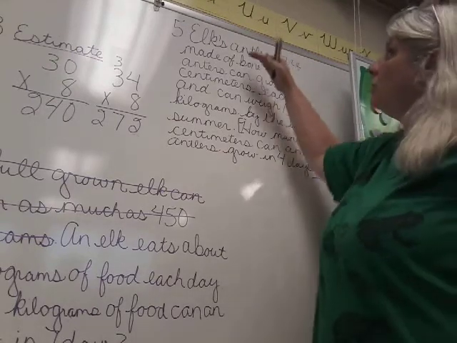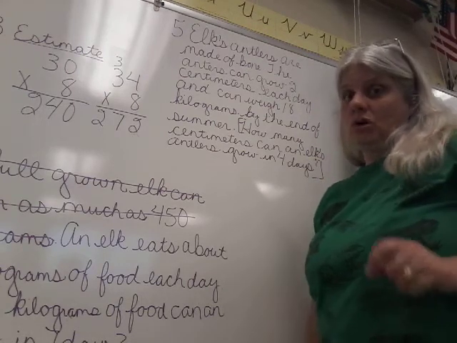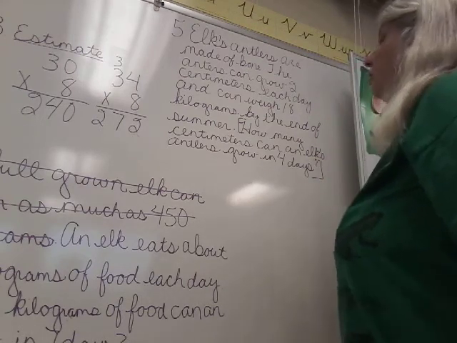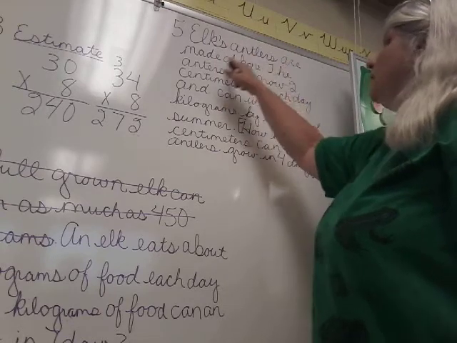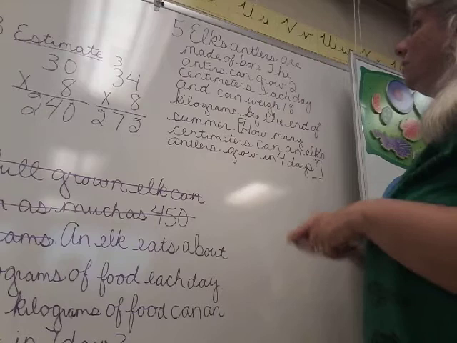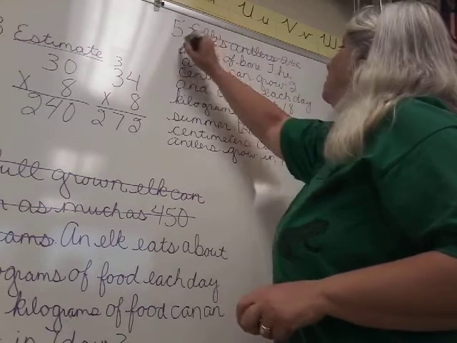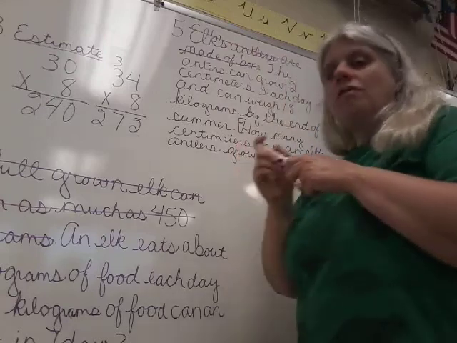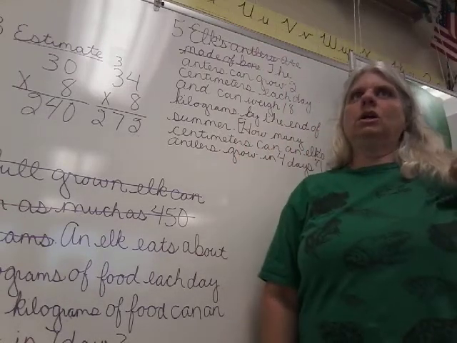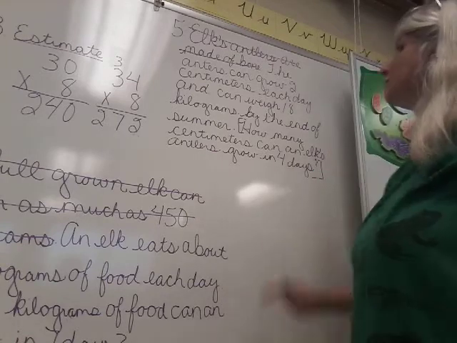So we need to look through our story problem and find anything that does not help us to solve that problem. So elk's antlers are made of bone. Does that help us to find out how many centimeters? No. Again, it's interesting information, but it's not needed for our problem solving here. Okay?